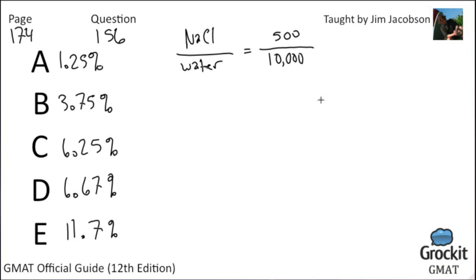So if 2,500 gallons of water evaporate from the tank, the remaining solution will be approximately what percent? So the amount of sodium chloride, salt, table salt, the amount of salt stays the same. So it's still 500, but we need to lose 2,500 gallons of the water. So 10,000 minus 2,500 equals 7,500.